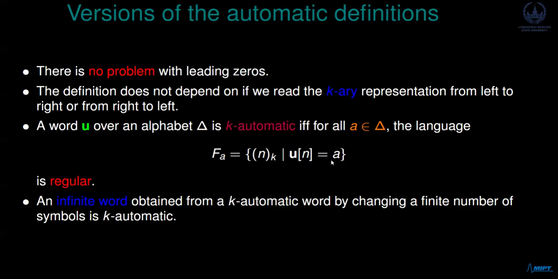Stability under finite changes: another important property of k-automatic sequences is that if you start with a k-automatic word and change only a finite number of its symbols, the resulting word is still k-automatic. This robustness makes automatic sequences stable under minor modifications, which is a useful feature in various applications.